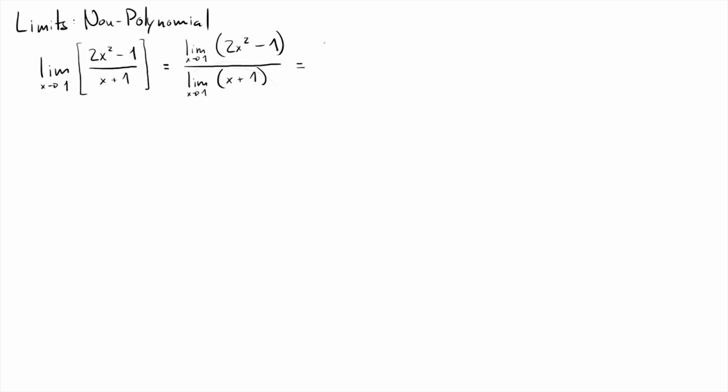So we're just going to evaluate this, and we're going to get 2 times (1) squared minus 1, divided by (1) plus 1. Everything in brackets is where we substituted in the 1, or where an x should be. You don't need to write that, I'm just doing it for clarification.